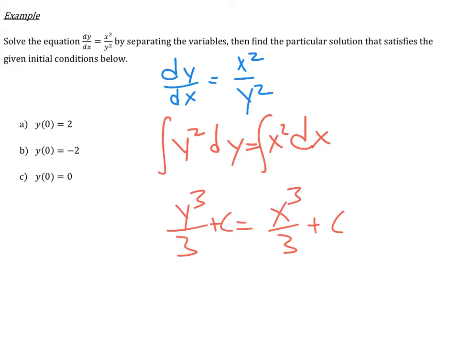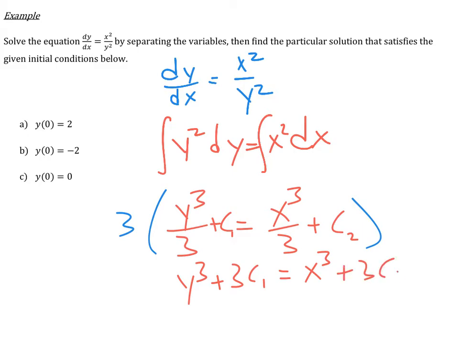Now, sometimes we'll say, this is constant 1, constant 2. They are different numbers. All right, in the end, they're just constants. Let's get rid of that 3 maybe by multiplying the whole thing by 3. If we multiply the whole side by 3, we end up with y cubed plus 3c1 equals x cubed plus 3c2.